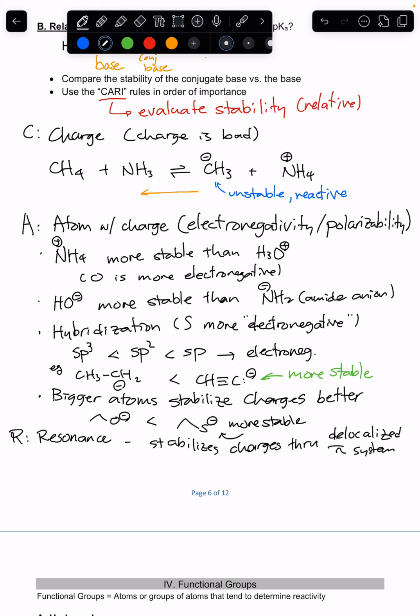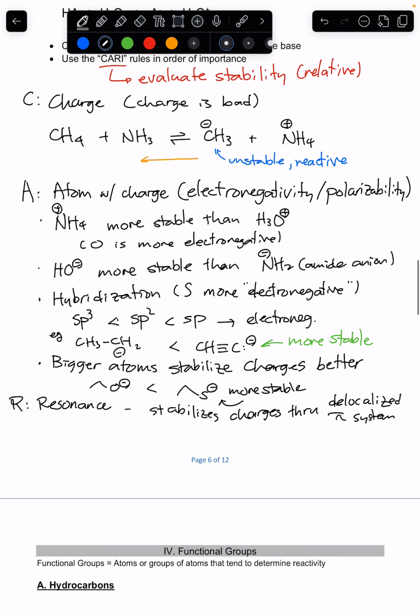Okay. So for instance, if you compare this carbocation, where you have a positive charge on this carbon, as opposed to this, which would be called an allylic cation, where the charge is next to this olefin or alkene.